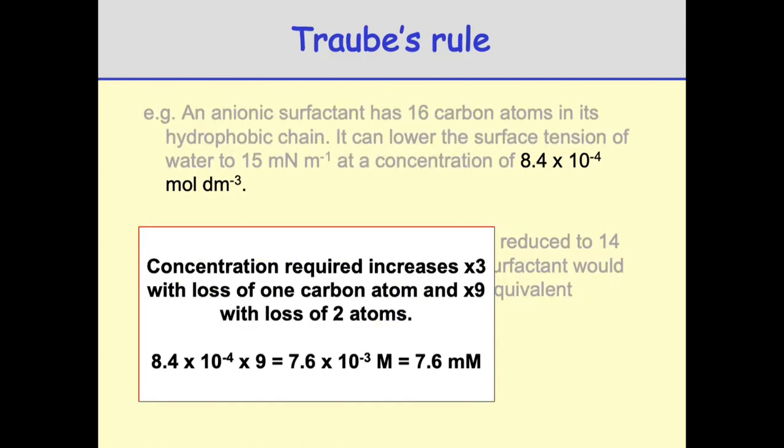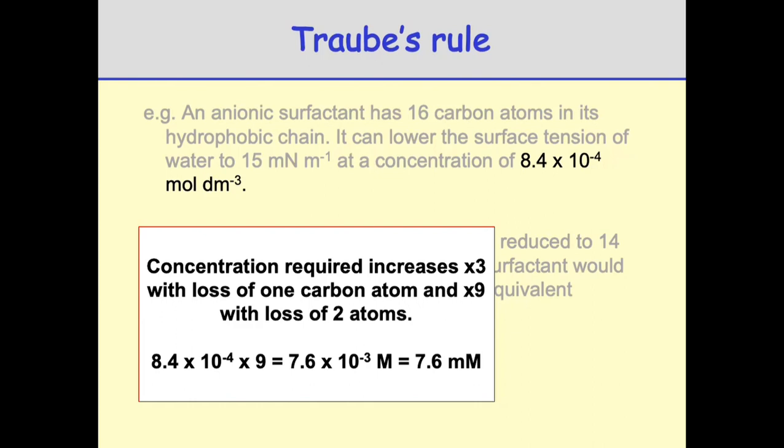So the answer to this question is to say the concentration required increases by 3 with each loss of carbon, and so it increases by 9 for a loss of 2 carbon atoms. And so it's 8.4 times 10 to the minus 4 times 9. That gives you 7.6 times 10 to the minus 3 molar, which is moles per decimeter cubed, which could also be written as 7.6 millimolar.